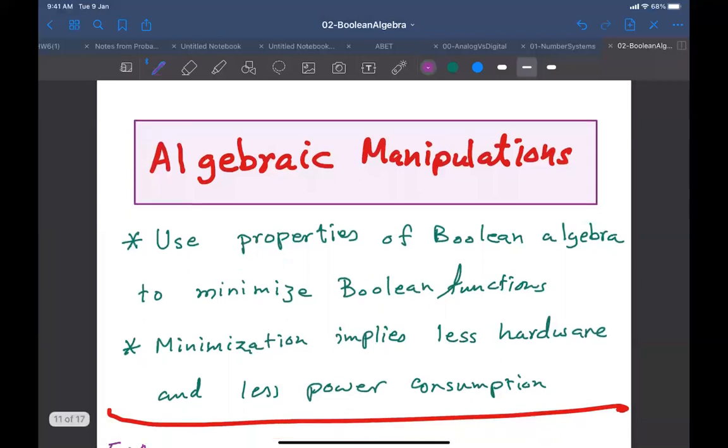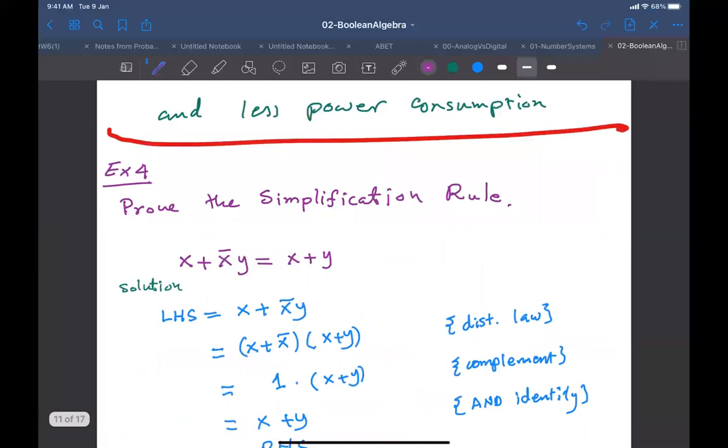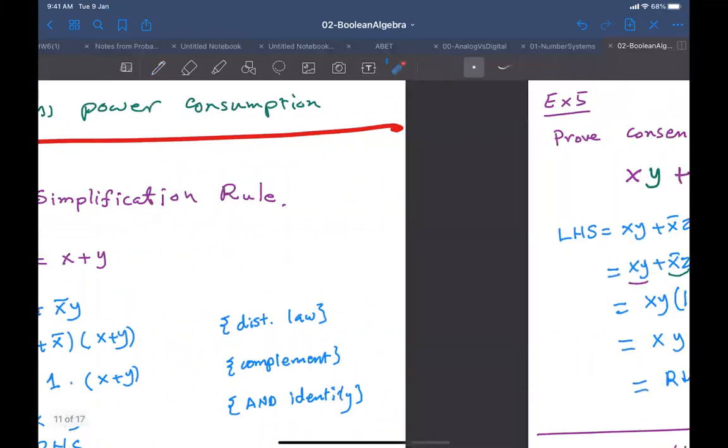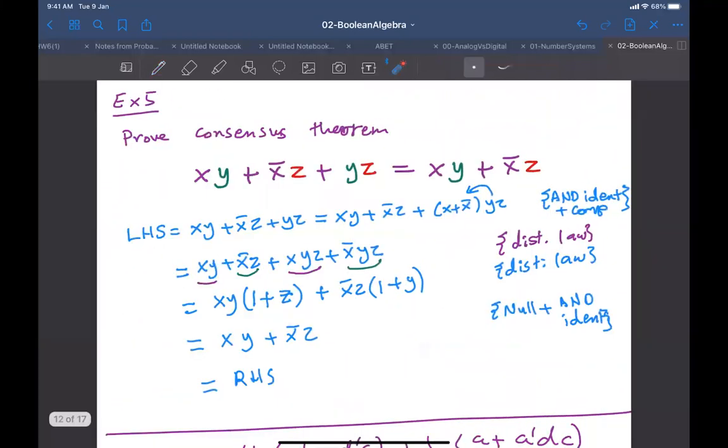We proved the simplification rule, which is this rule here, and I also proved the consensus theorem. If you want to see how we did that, go back to lecture 7.2, where it is explained. If you have questions, ask me after you watch the video, please.